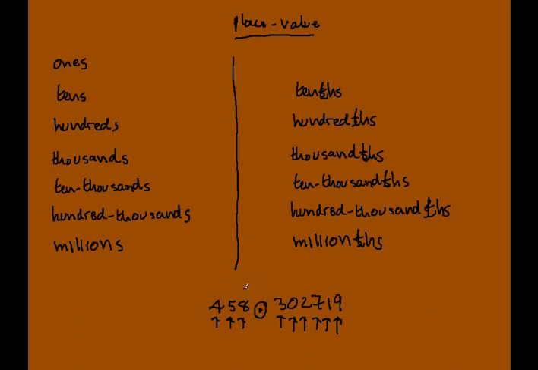When you have a decimal number, to the left of the decimal, they call this part the whole number part. And to the right of the decimal, that's the guy they call the decimal part. And this guy here is obviously the decimal point.